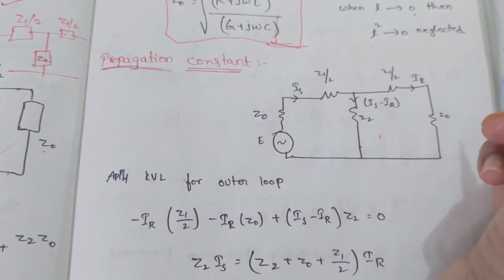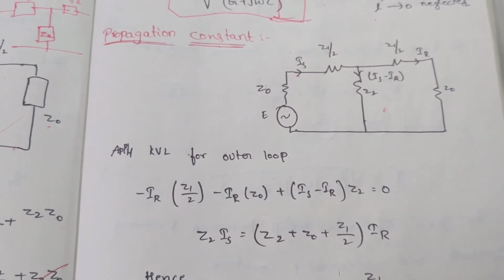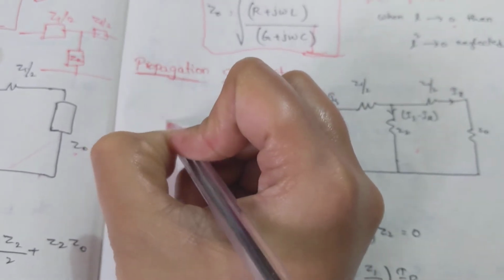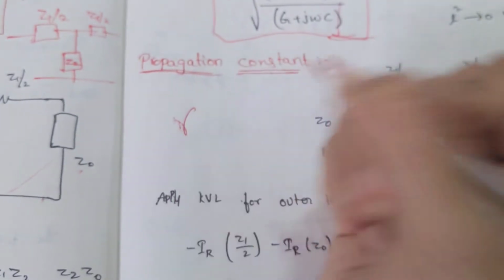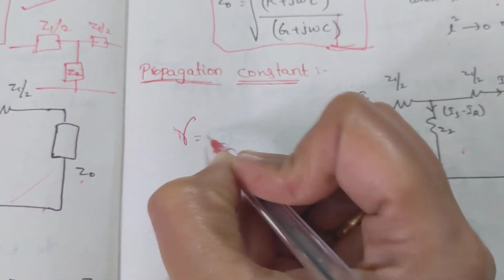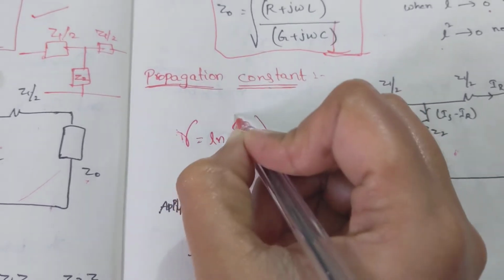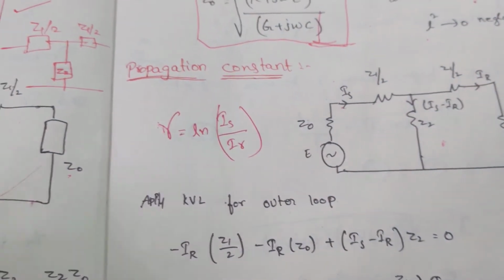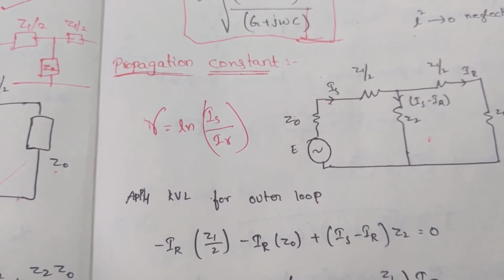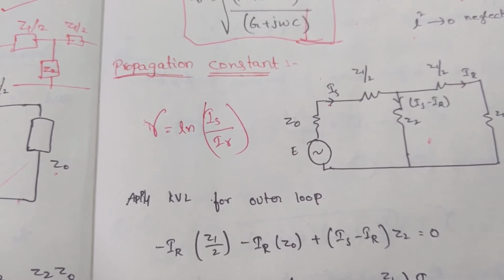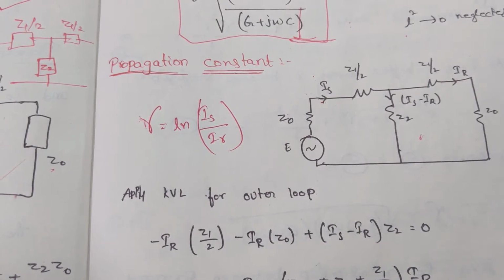So propagation constant is nothing but the logarithmic value of the ratio of the sending end to the receiving end current. We say that it is a propagation constant.